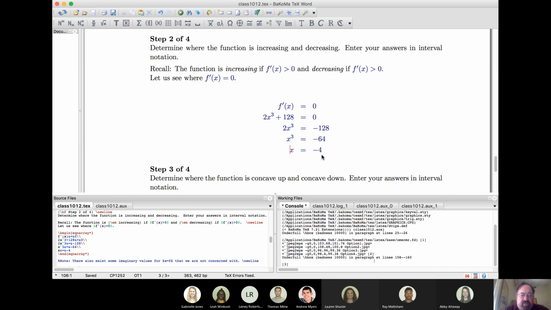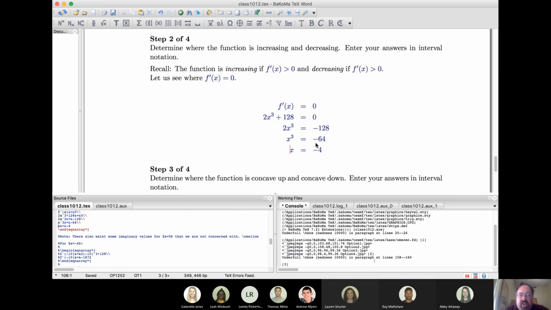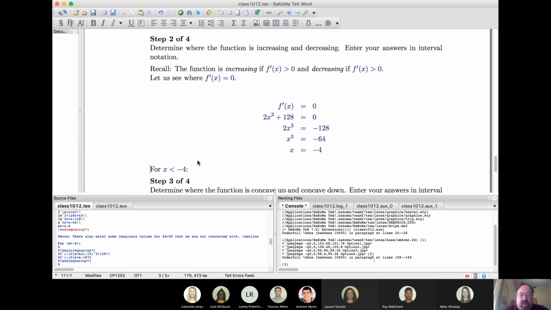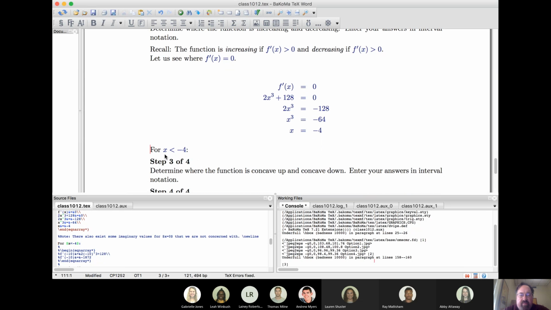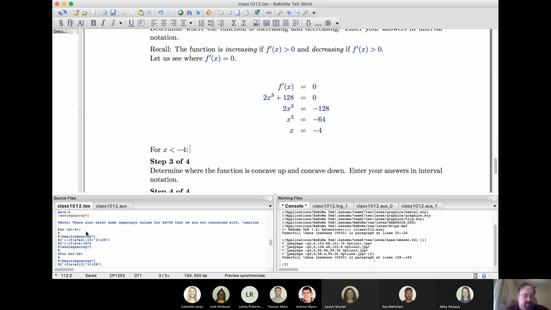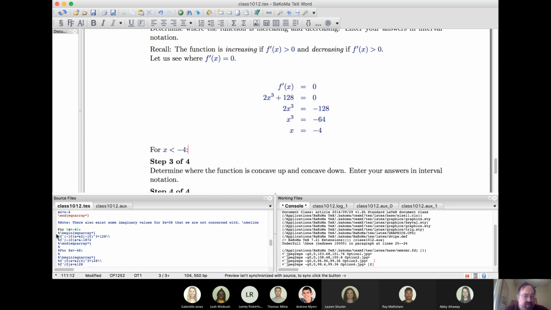So then to check increasing versus decreasing, we need to pick points on either side of minus 4 and see where a derivative is positive or negative there. So this one critical point, minus 4, divides the real number line into two pieces. And on those two pieces, it's going to be either all increasing or all decreasing. So for x less than minus 4, we can pick anything, as you've seen in previous problems.